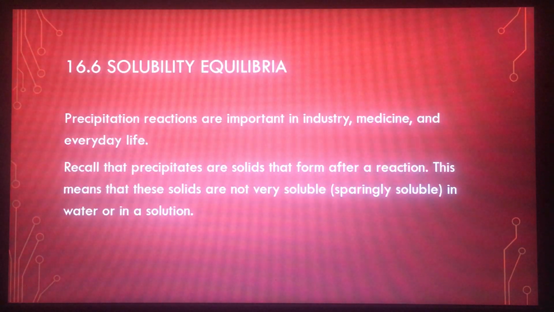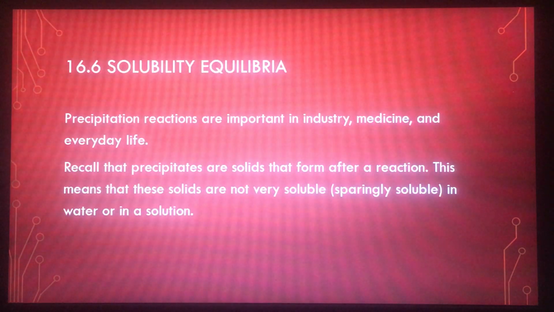From Gen Chem 1, we know already different types of reactions, and one type of reaction is that when we have an acid and a base, for example, it will react to form a salt.